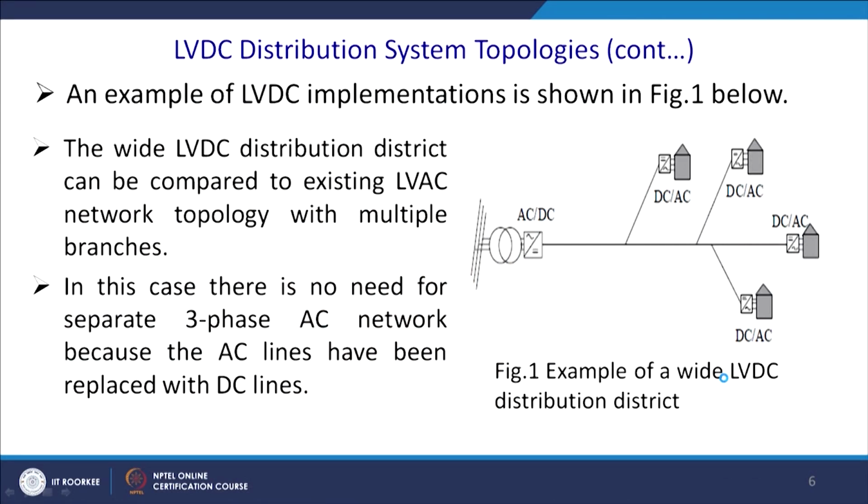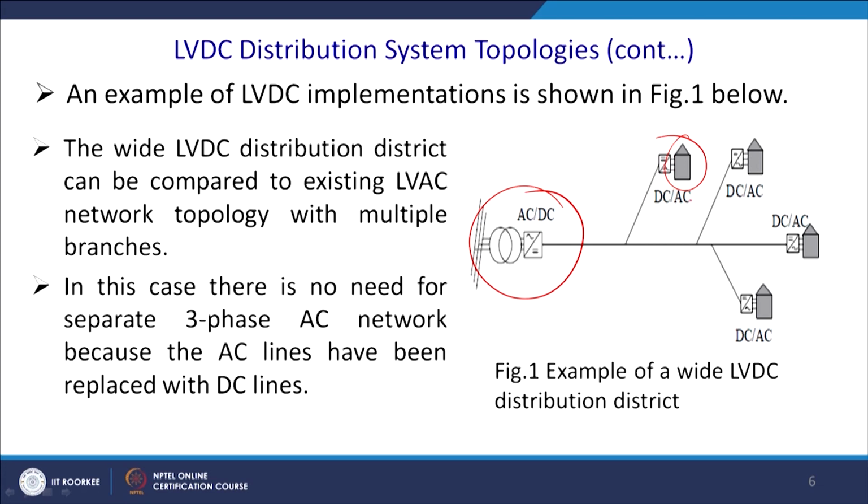You get conversion AC to DC from the main grid, and there you will ensure that your THD is quite low. Thereafter, you are transmitting with DC, and you may have a household AC because of historical reasons, and thus you are reconverting DC to AC.